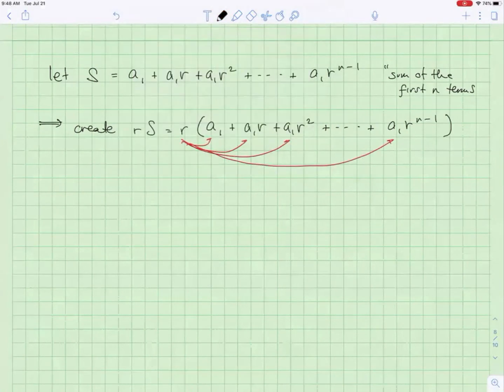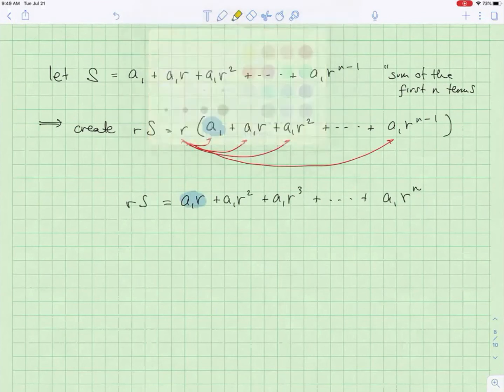R times S is A1 times R plus A1 times R squared plus A1 times R cubed plus dot dot dot all the way up to the n term, and now this is A1R to the nth power because it has exactly one more power of R. So these two terms correspond with one another.